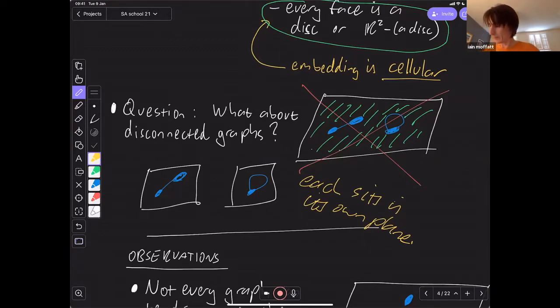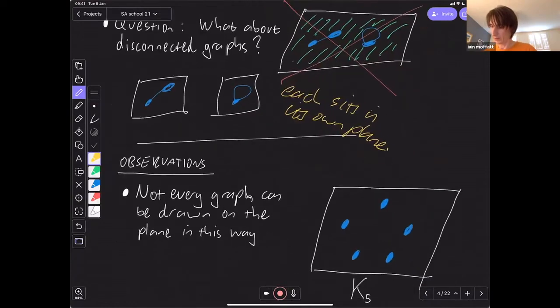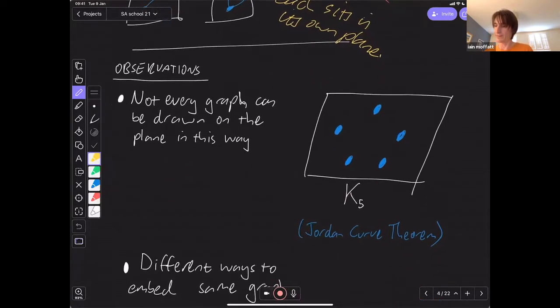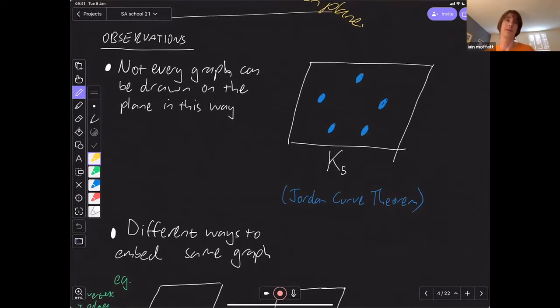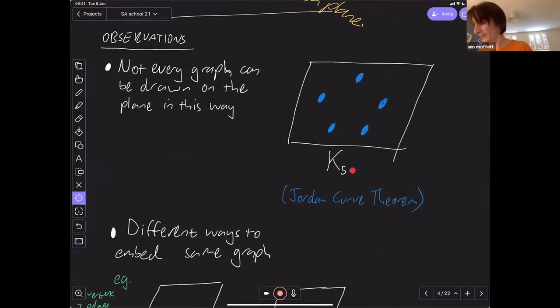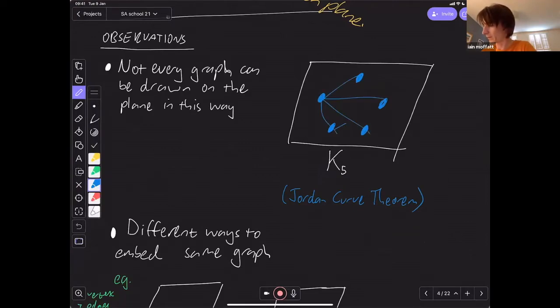Okay, so we're drawing our graphs in the plane, and a straightforward observation is that not every graph can be drawn in the plane this way. The classic example would be the complete graph K5. If I try and draw this in the plane, I've got my 5 vertices, and when I try and draw in all of the edges without crossings, what happens?